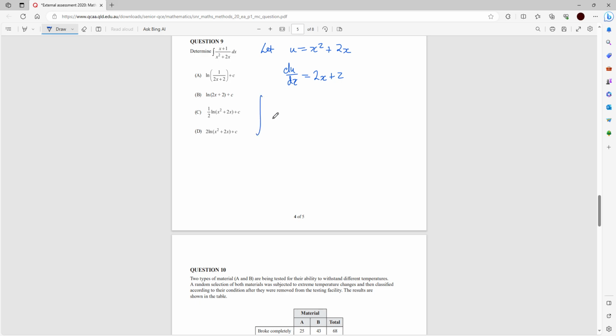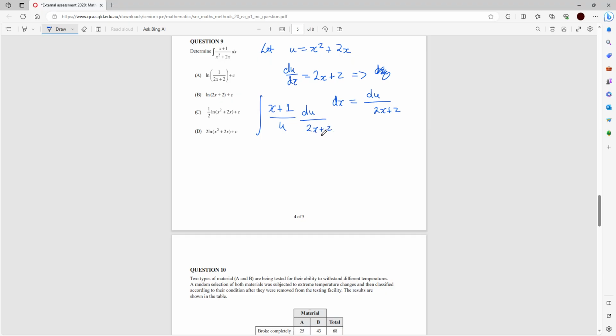So now my integral is x plus 1 on, now I've substituted this bit as u, and I'm going to rearrange this, so dx is equal to, oh, I've run out of room there, sorry. So dx is du on 2x plus 2. So if I substitute the dx here, I'll have du on 2x plus 2.